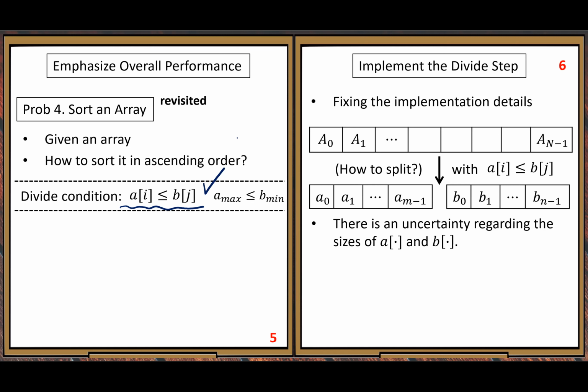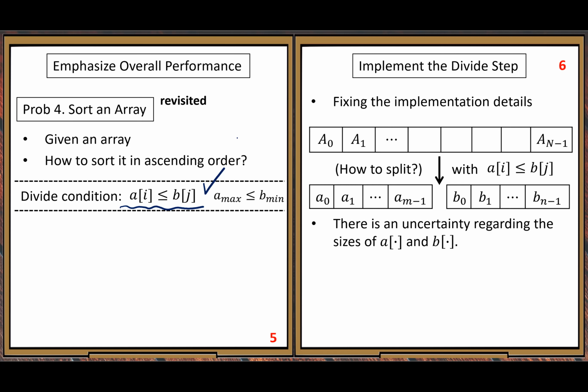How do we move elements around? Let's look at the uncertainty. There is some uncertainty regarding the sizes. How large is the left subarray and how large is the right subarray?